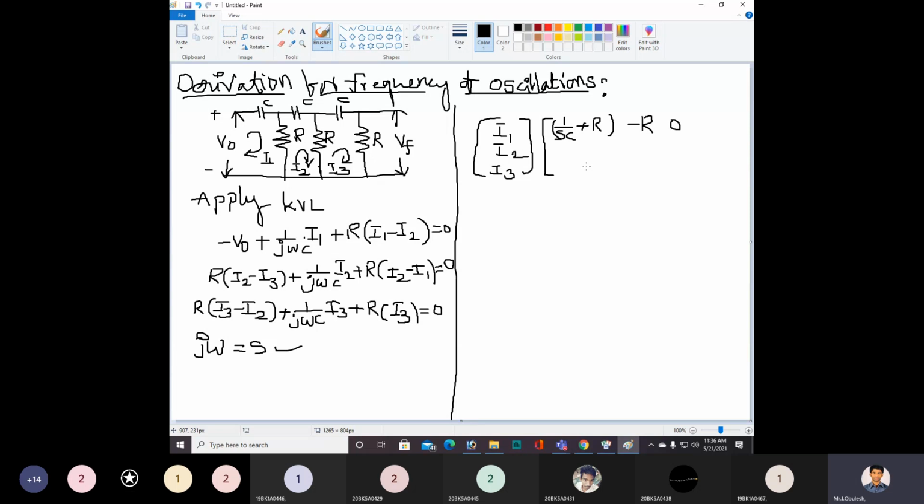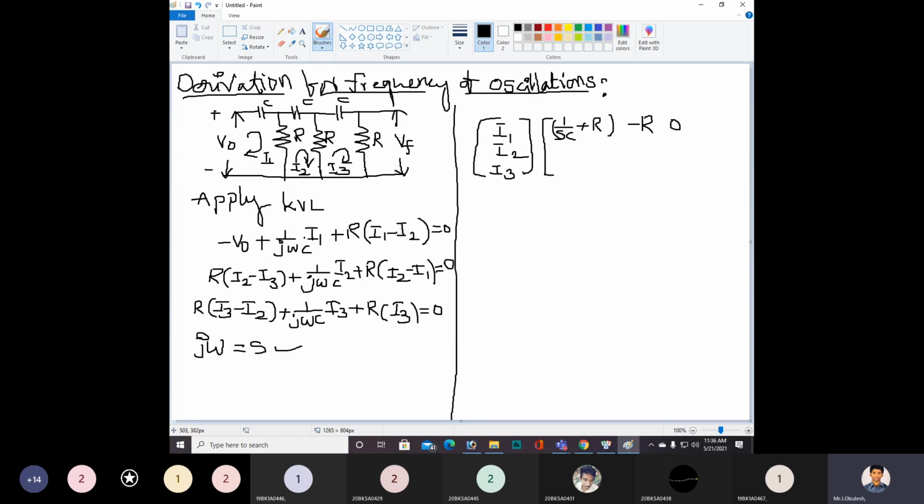Then for the second row, you need to see the second equation. So here we have I2, right?